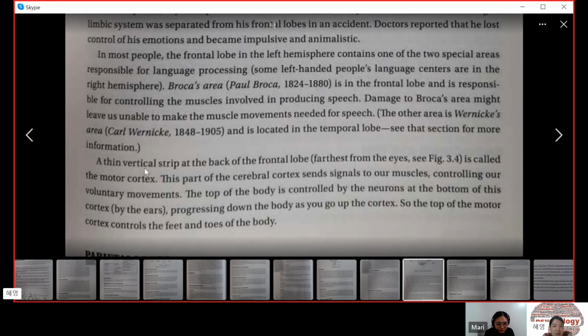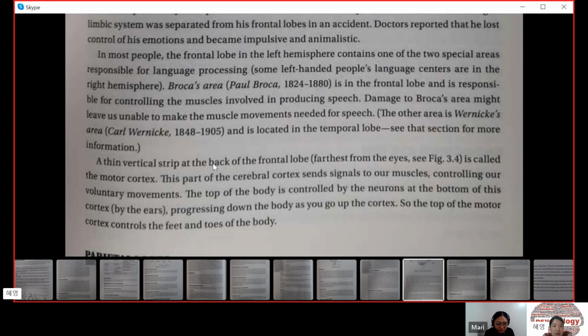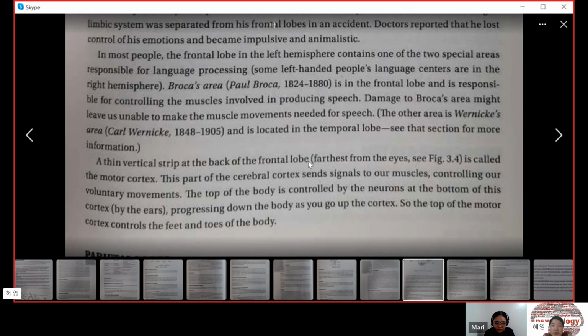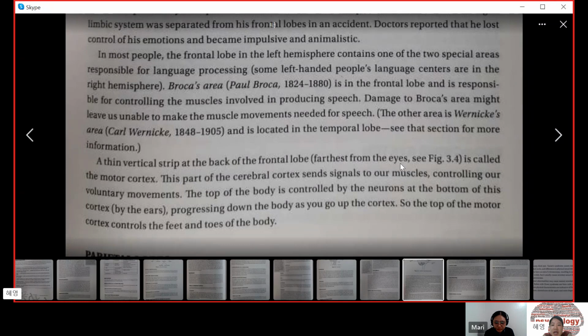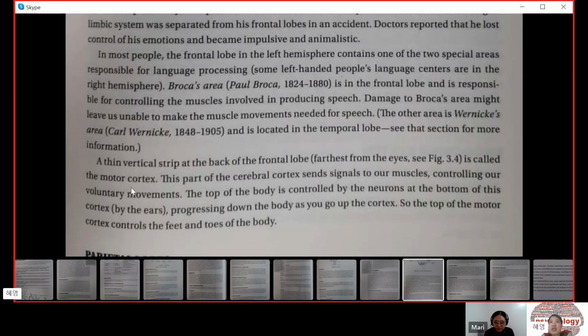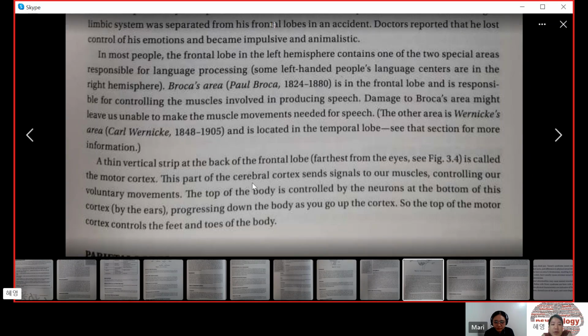A thin vertical strip at the back of the frontal lobe, farthest from the eyes, is called the motor cortex. This part of the cerebral cortex sends signals to our muscles and controls our voluntary movement.